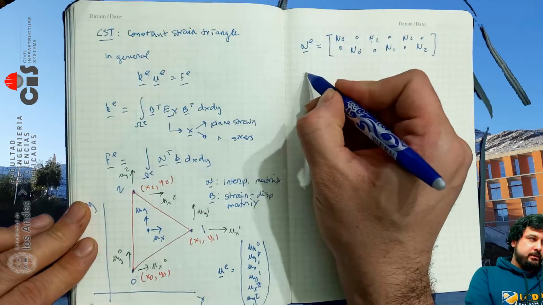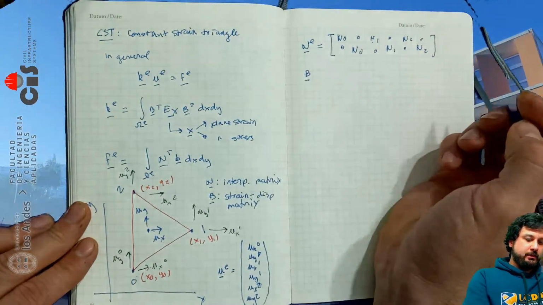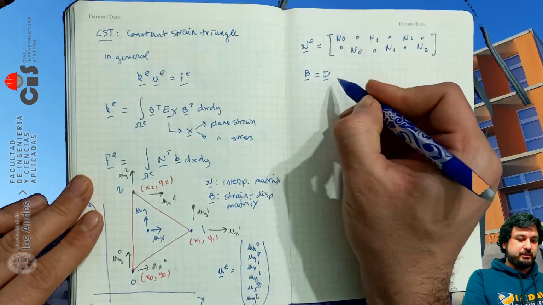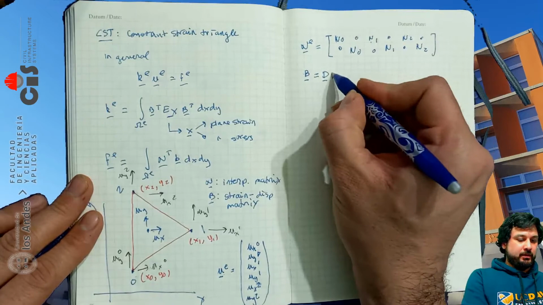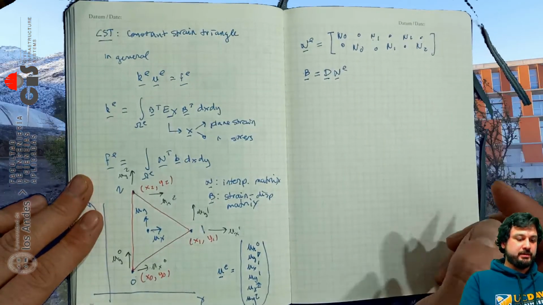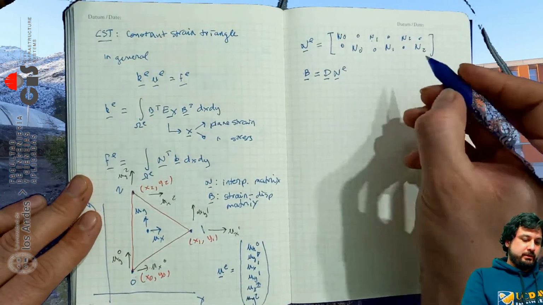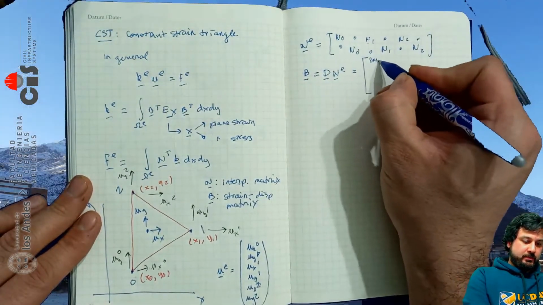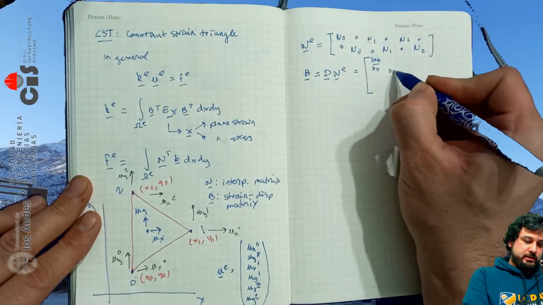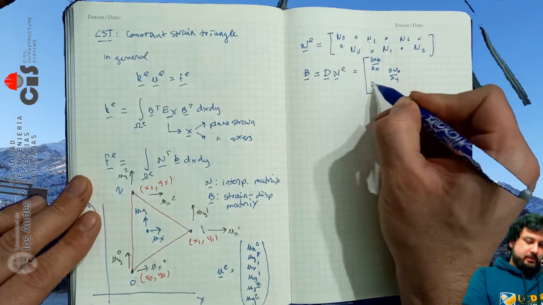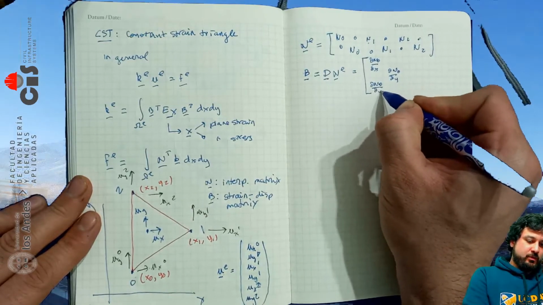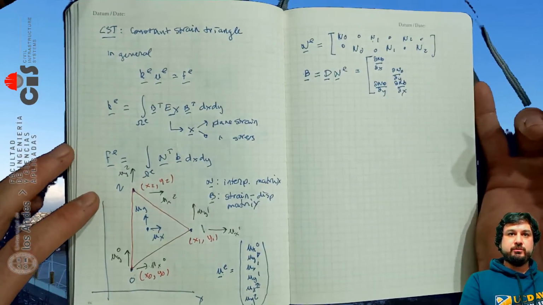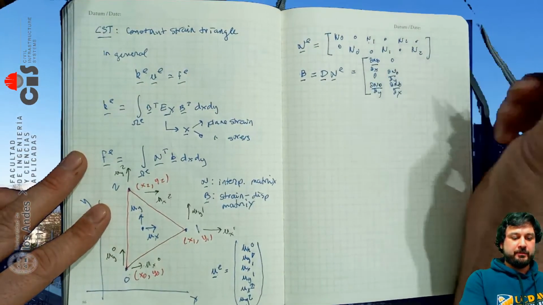And again, as before, B, the strain displacement matrix, is defined as the derivative, in Voigt notation, of this element interpolation matrix, and is as follows: dN0/dx, dN0/dy, dN0/dy, dN0/dx. Again, this is assuming Voigt notation, which is comfortable for implementation later.